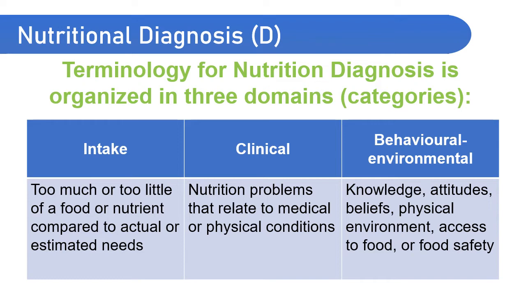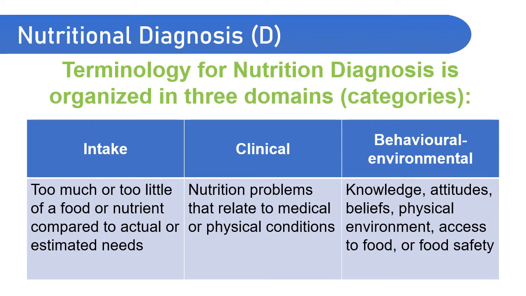The terminology for nutrition diagnosis is organized in three domains, or three categories. The first one is intake, the second one is clinical factors, and the third one is behavioral and environmental factors. For the intake factor, we evaluate whether the patient has too much or too little of a food or nutrient compared to actual or estimated needs.